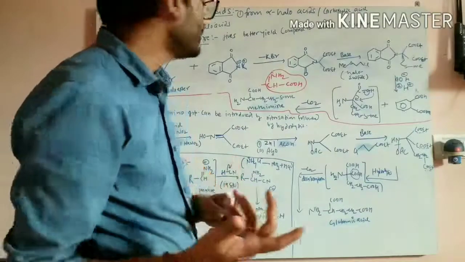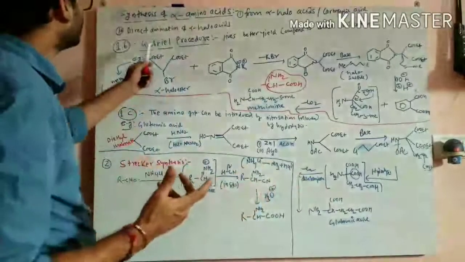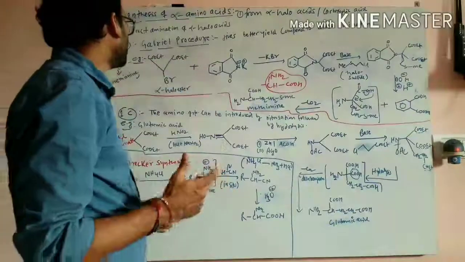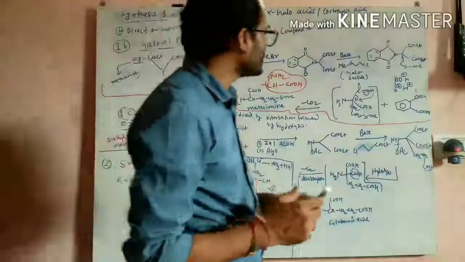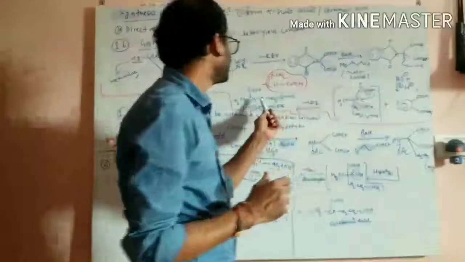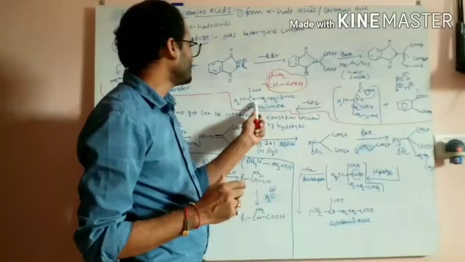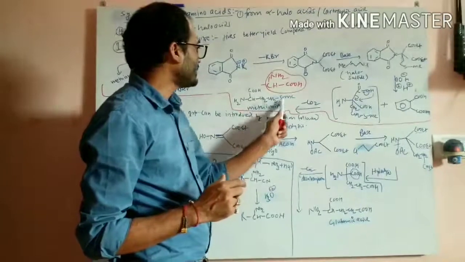Okay. So under this Gabriel procedure, I am taking the example of methionine. This is the structure of methionine, you can see it over here, having CH2, CH2, S and a methyl as the side chain.